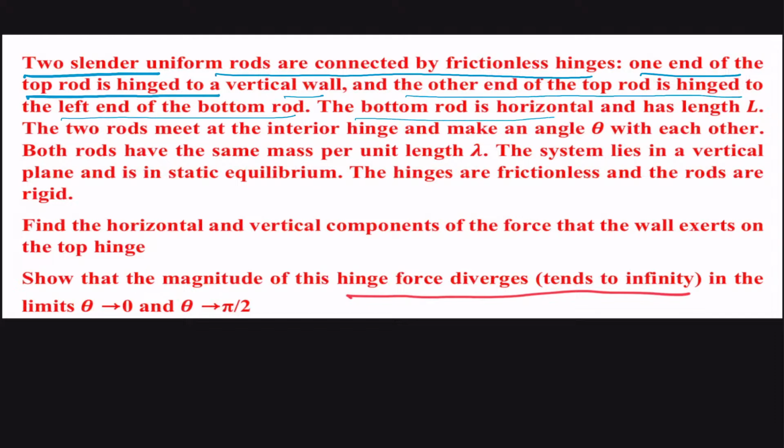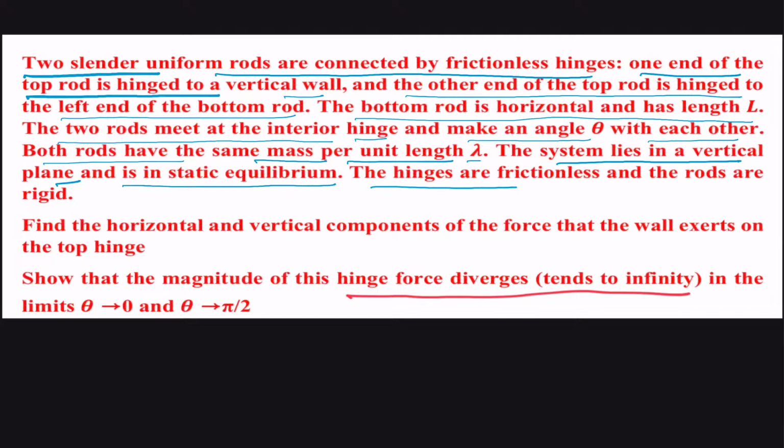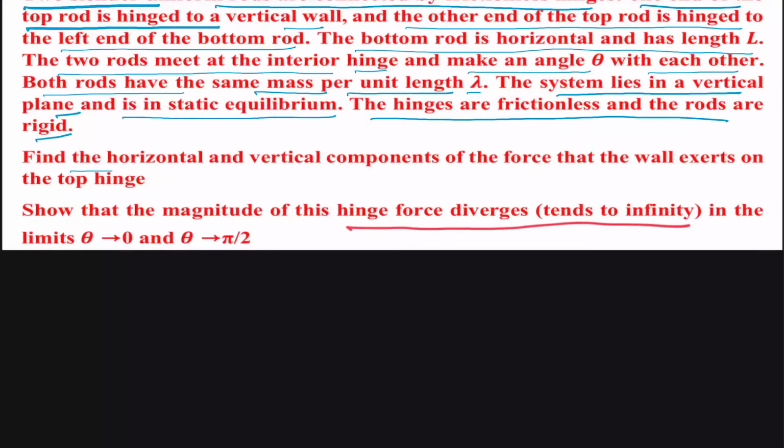The bottom rod is horizontal and has length L. Two rods meet at the interior hinge and make an angle of theta with each other. Both rods have same mass per unit length lambda. The system lies in a vertical plane and is in static equilibrium. The hinges are frictionless and the rods are rigid. Find the horizontal and vertical component of the force that the wall will exert at the top hinge.